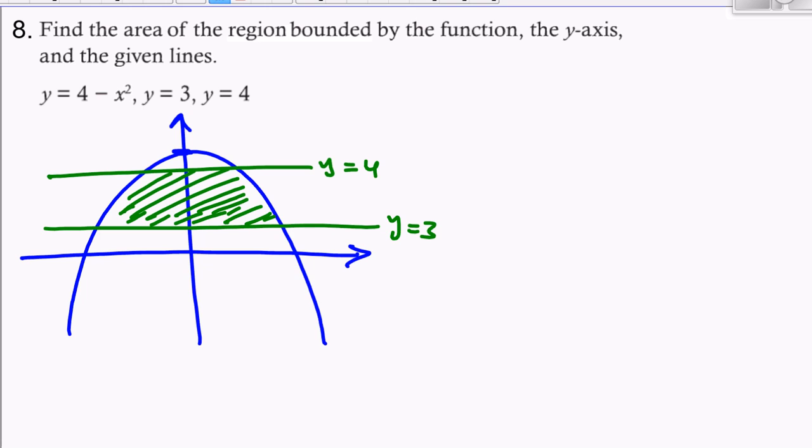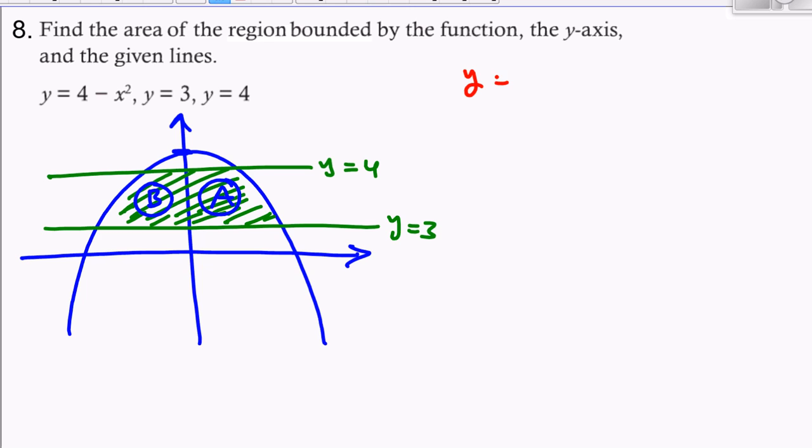What I'll have to do is, just like in the previous question, find the area of A first, and then to find the area of A plus B, I'll just double it. Double the area of A. So the first step is to make x the subject of the formula.